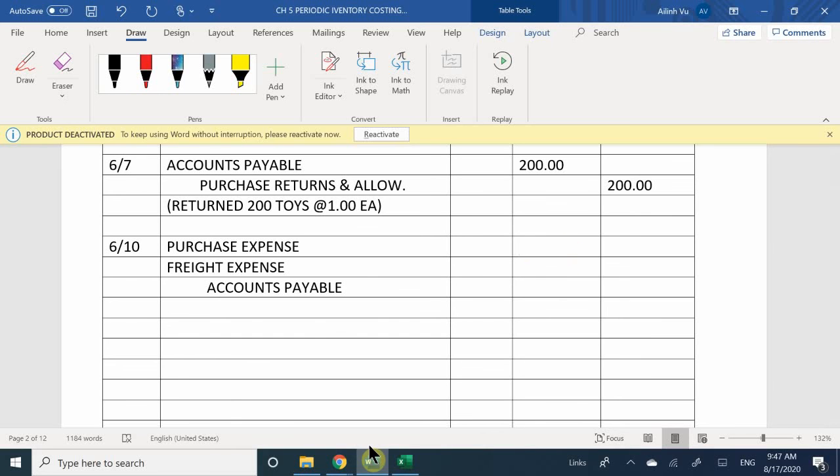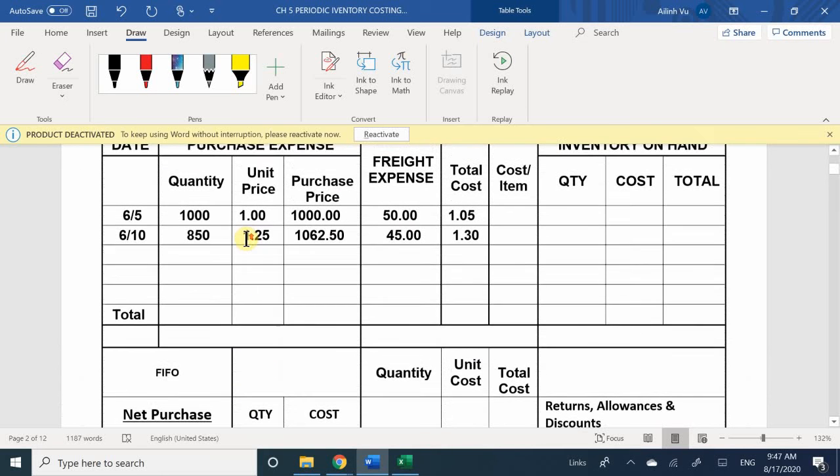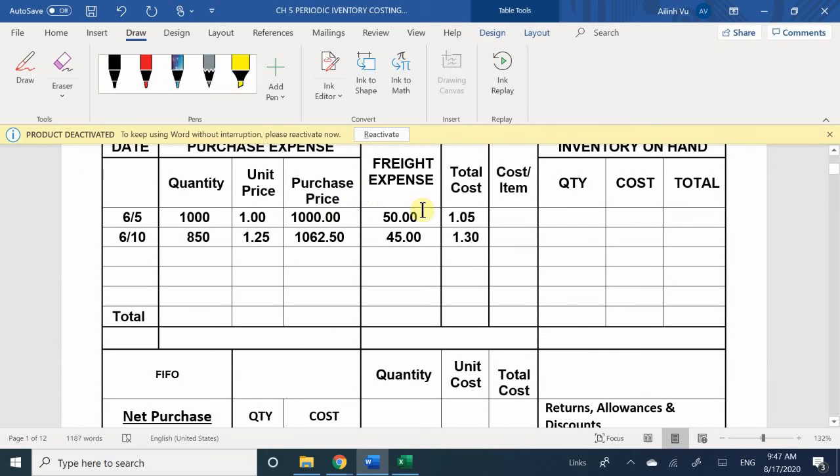Okay. So here, what was it? $1062.50 plus $45, and my grand total here is how much? $1107.50. I don't think I even answered that at the top. I left it blank. Wow, I don't even have a total cost. Oh, right here. My bad.